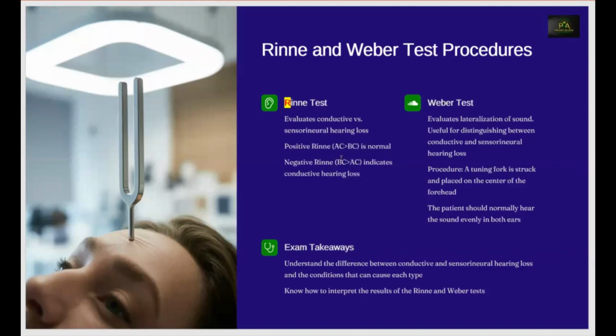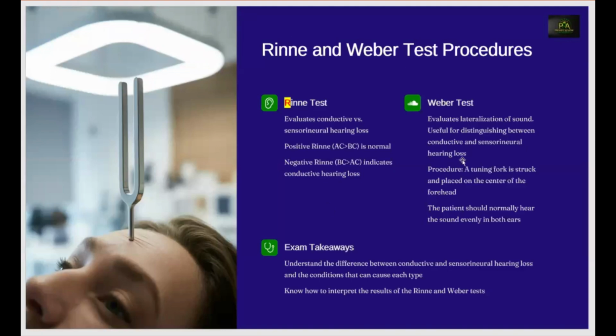In a normal setting, when you recite the alphabet, A comes before B. But when something becomes abnormal, B comes before A. So that means the negative Rinne test shows that bone conduction will be greater than the air conduction, as when there is cerumen impaction, those conductive hearing losses.